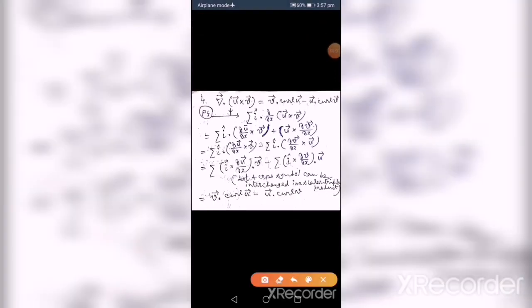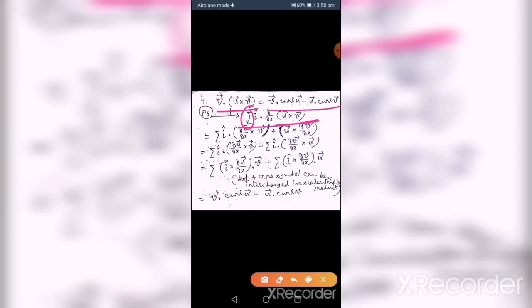Number 4, we are required to prove del dot (u cross v) equals v dot curl u minus u dot curl v. From the left hand side, del dot (u cross v), we are retaining only one term and putting a summation sign at the beginning: i dot del by del x of (u cross v).